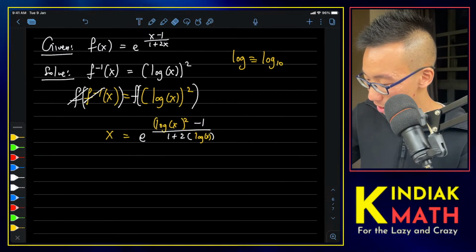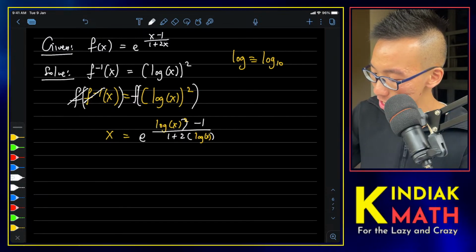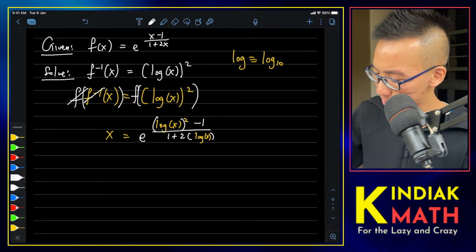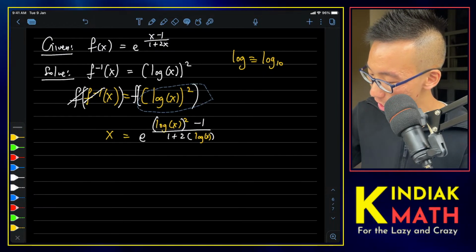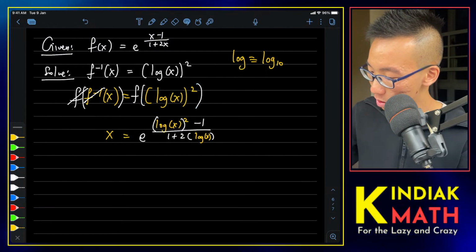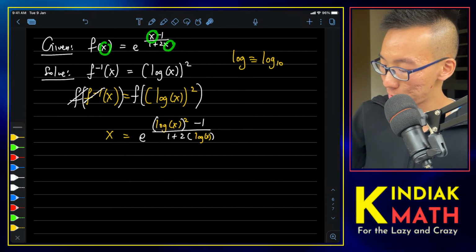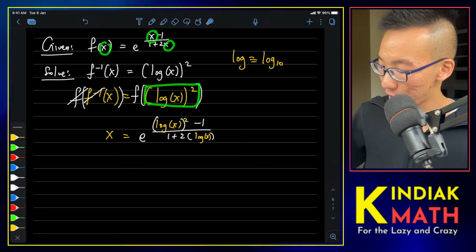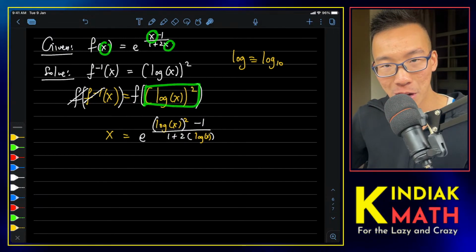So it looks a bit like this. Now, what on earth did I do there? That was really fast, right? Well, essentially, here's the idea. When I write the symbol f of all of that, what I'm really saying is whenever I see an x, I'm going to replace it with log of x all squared. And so that's basically what we're doing here.